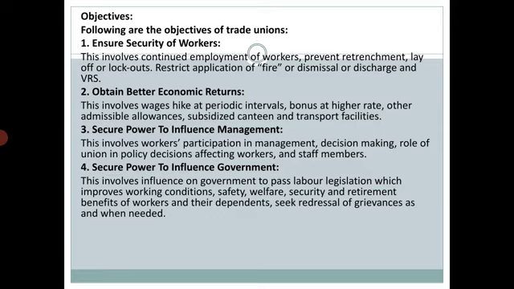Then secure power to influence the government. Okay, see, if the working conditions, the safety, welfare, security and retirement benefits of the workers and their dependents, the redressal process, whatsoever is related to government, is not satisfied, then what can the trade unions do?